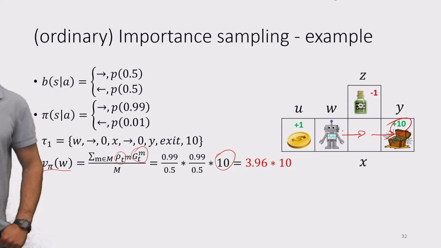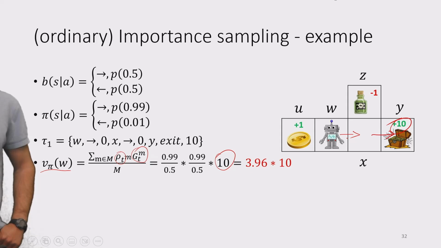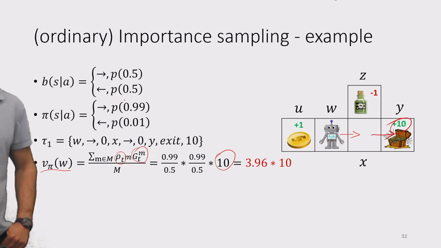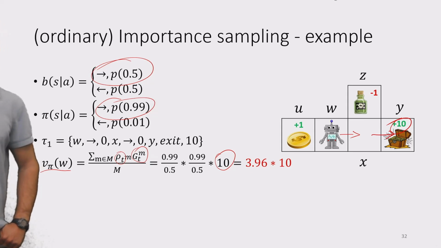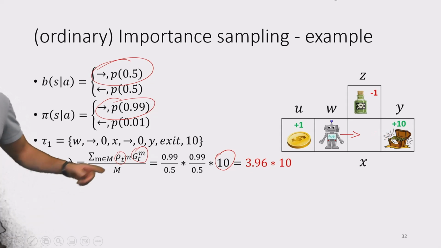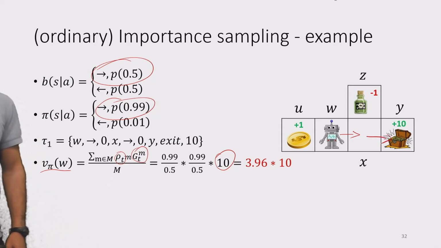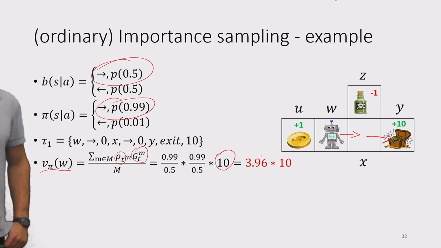So the importance sampling ratio for going from W, taking action right, is 0.99, the probability of taking right under our target policy, divided by the probability of going right under our behavioral policy, so divided by 0.5. And same goes for taking right at state X. So again, we have to multiply that by 0.99 over 0.5. So at the end, this results in 3.96 multiplied by 10.